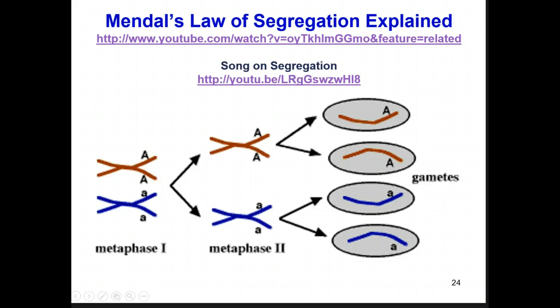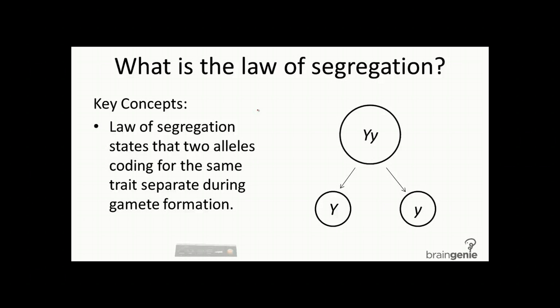For example, if we look at a particular gene called gene A, notice that during meiosis at metaphase 1 and metaphase 2, the pairs of alleles on these homologous chromosomes will separate or segregate from each other during meiosis, so that half of the chromosome material and half of the genes and alleles are found in each sperm or egg cell. Let's take a look at a YouTube video that further explains Mendel's law of segregation.